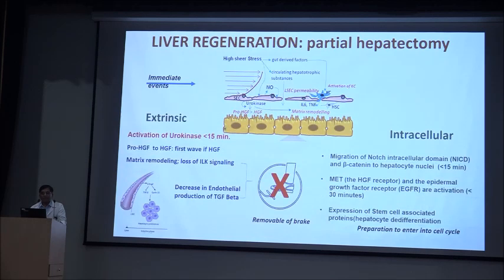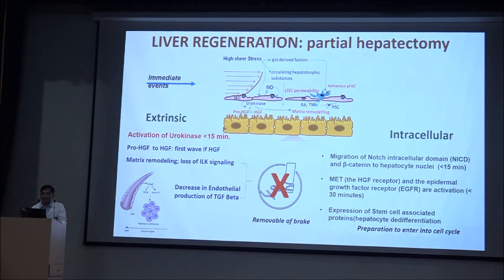Just after the partial hepatectomy, there is an increase in portal flow, which leads to shear stress in the endothelial cells, and within less than 15 minutes you will see a change: urokinase activity is increased, leading to conversion from pro-HGF to HGF. There is a destabilization of the endothelium that leads to the loss of TGF-beta signaling, and this way the brake that was there in the static, normal liver has been removed.